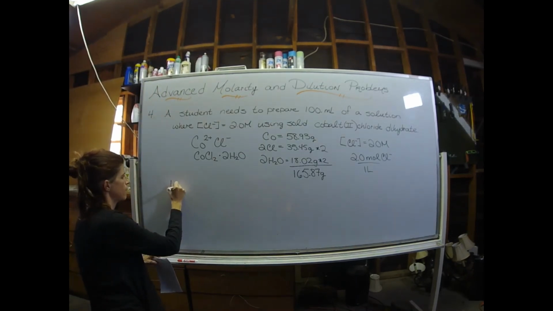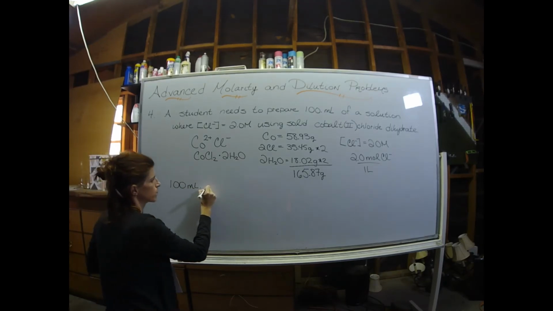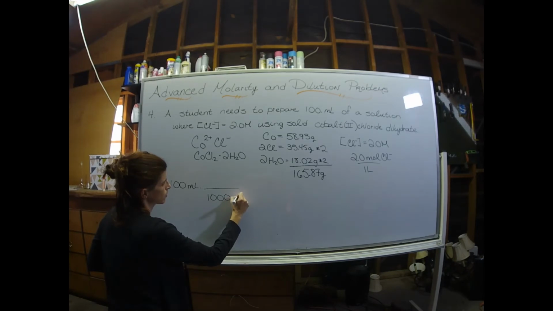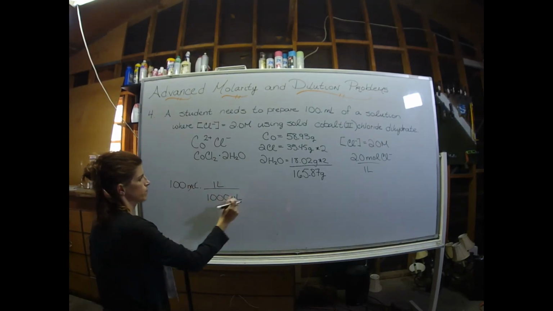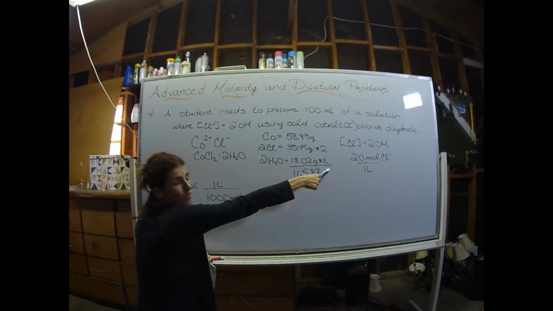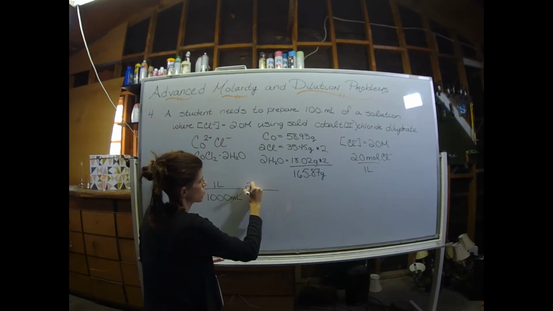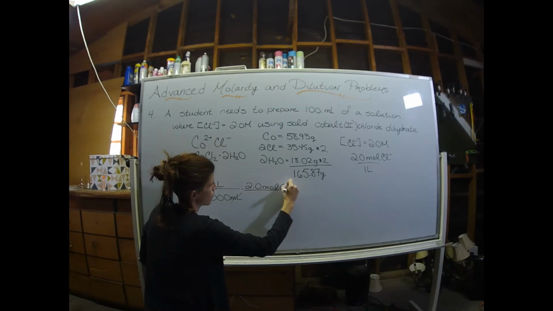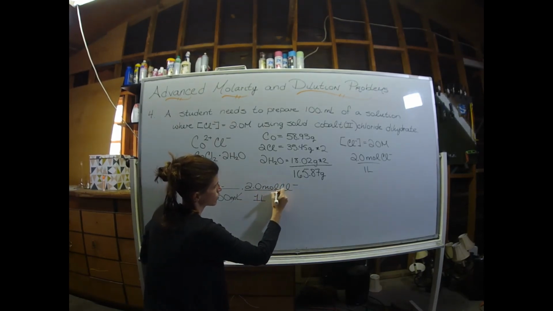So we have 100 milliliters of solution, and then there's 1,000 milliliters in each liter, just converting over to liters. And where to go? Let me grab that conversion factor. 2.0 moles of chloride for every 1 liter of solution.